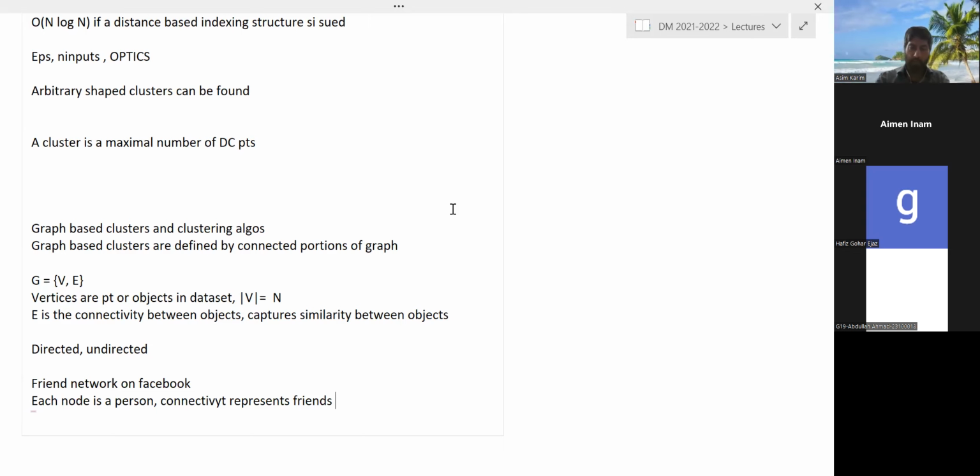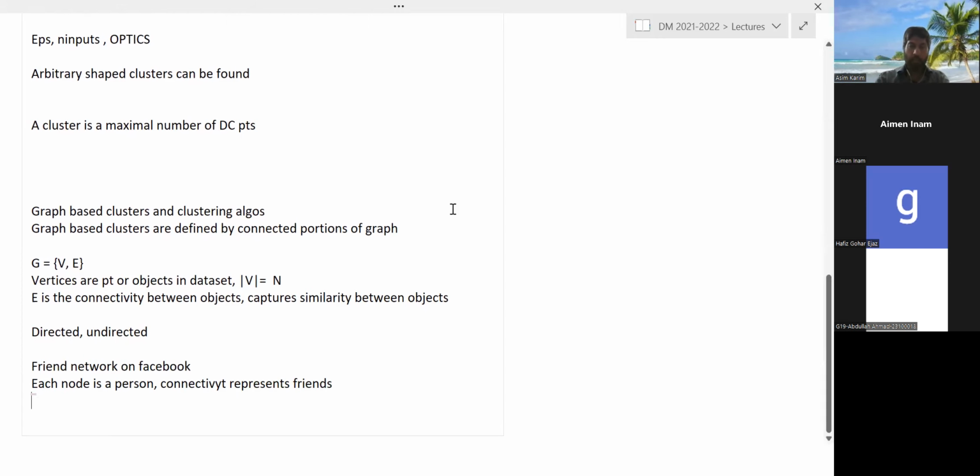And then you can do clustering. If you do clustering on such a data set, what would you find? You would find communities of individuals, which is groups of individuals that are friends among themselves, and of course they will be friends among themselves because they share common interests, and those groups of common interests essentially are communities.